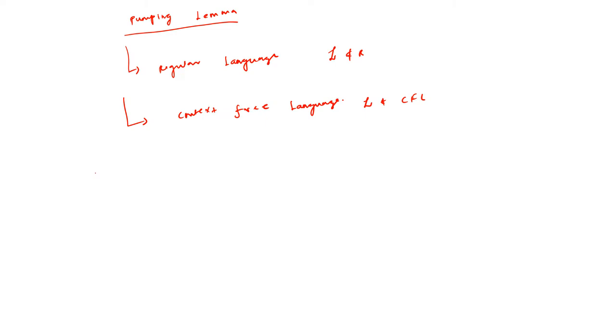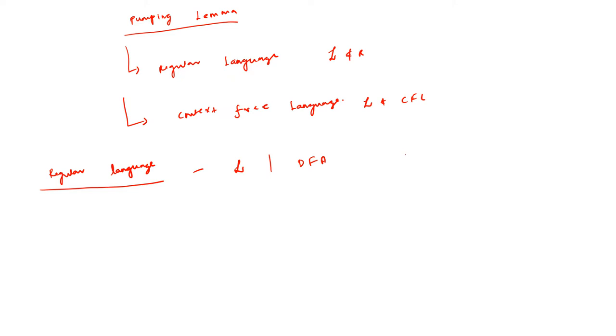Let us recall what a regular language means. A regular language is any L that is accepted by a deterministic finite automaton. In the last class we saw how to construct a DFA for a given language.